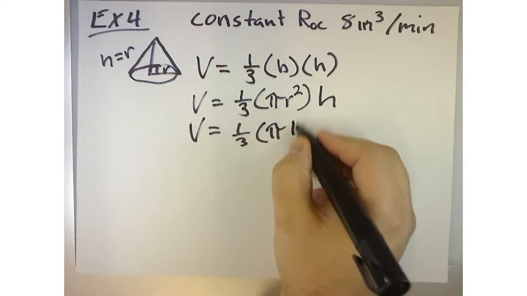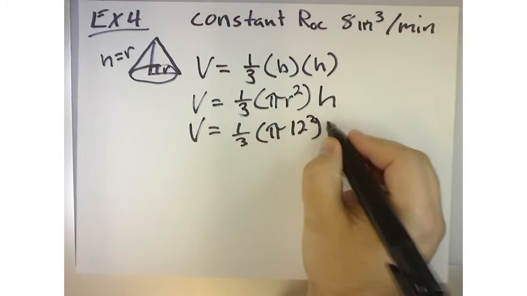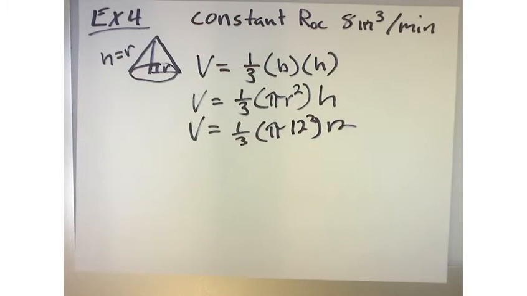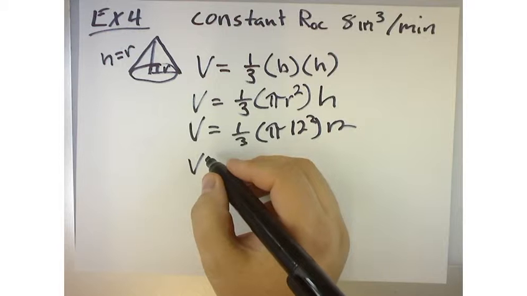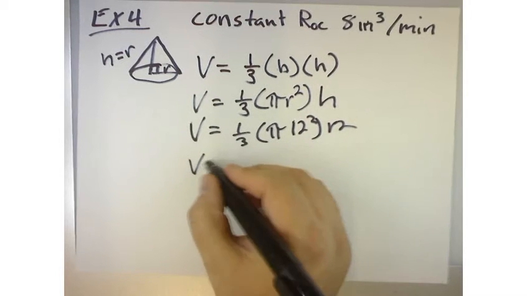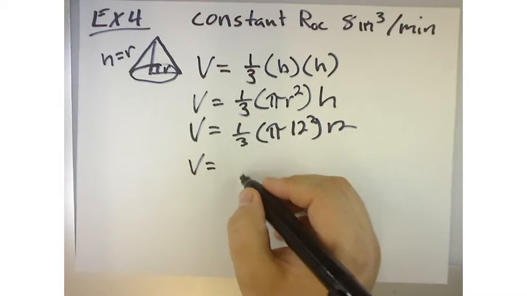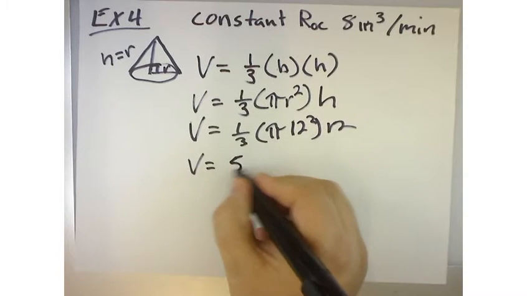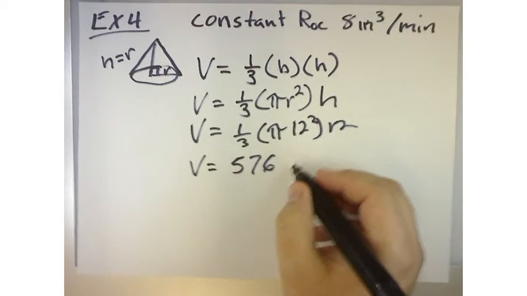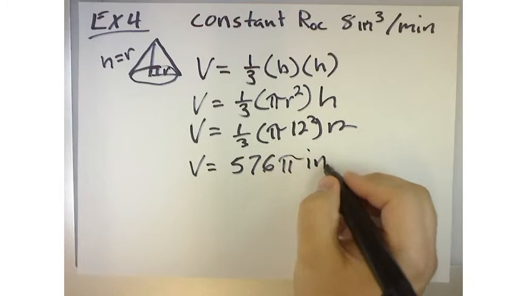So we'd say 12 squared times 12, which is really 12 cubed. So what we end up with is 1/3 times pi times 12 cubed, which if you plug that in a calculator is 576 pi inches cubed.